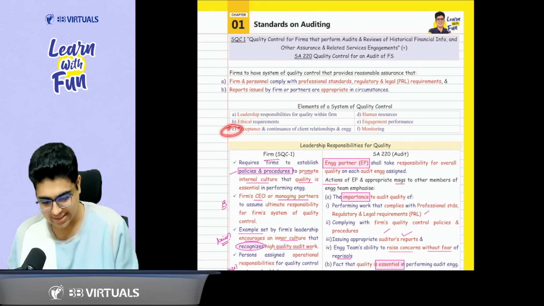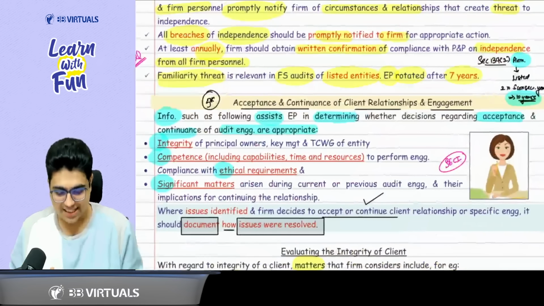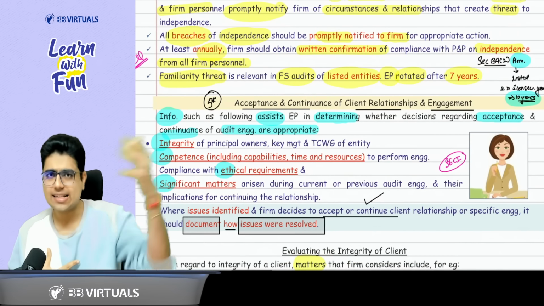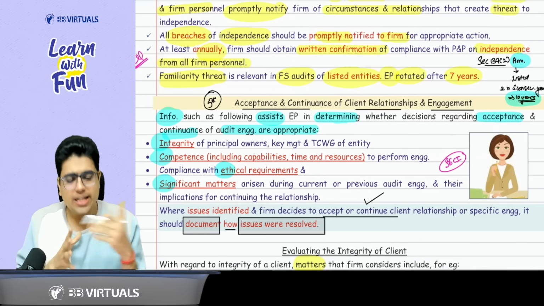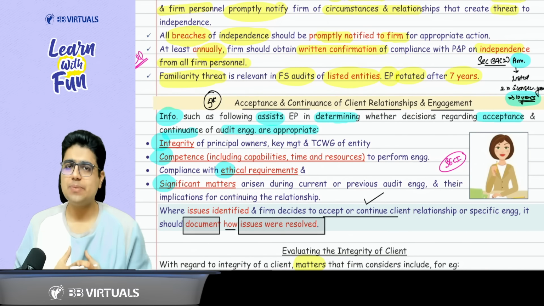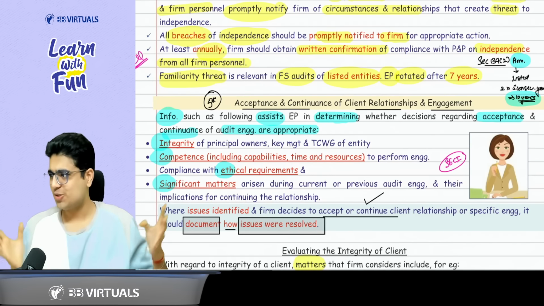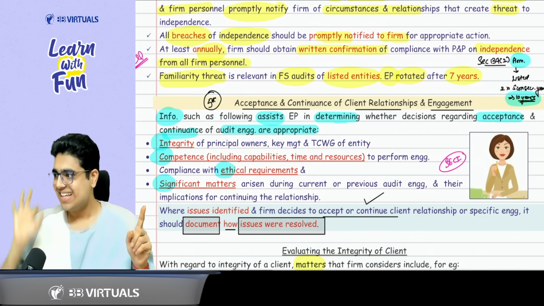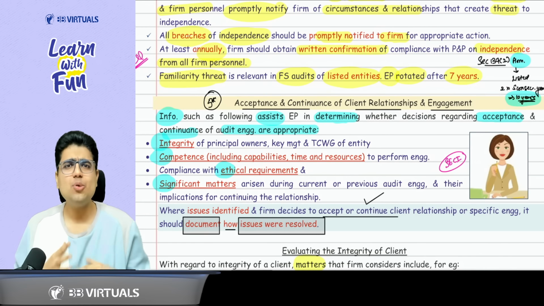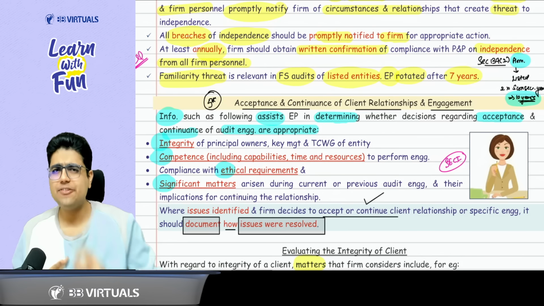Now let's focus on the C part, acceptance and continuance of relationships and engagement. This part says whenever you are accepting any client, or you are continuing with the client that you accepted before, there are 4 things that you check before accepting and continuing. Sir, what are those 4 things? SECI. SECI means S for significant matters. Significant matters means if you encountered any significant difficulty, or there are areas of significant risk.